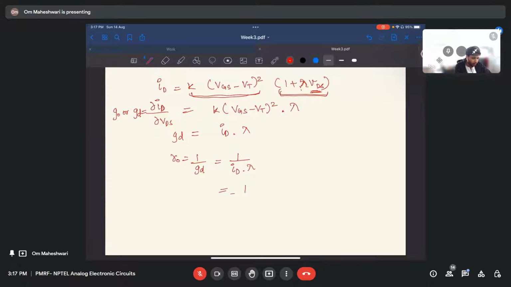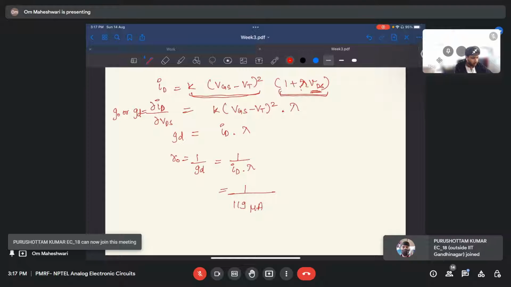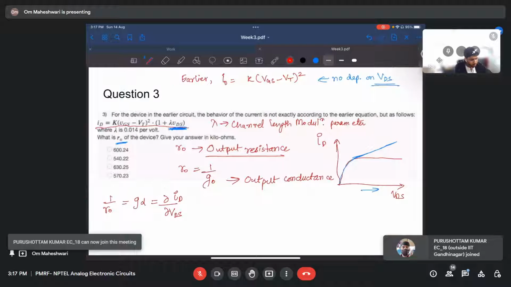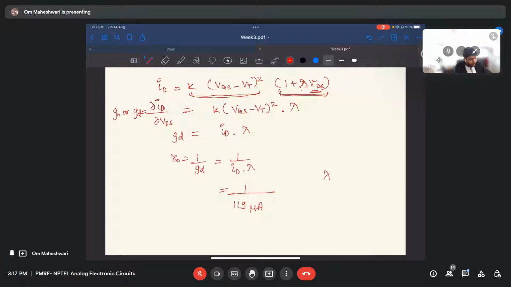We knew ID was 119 microamps, given in the first question, and lambda is 0.014 per volt.